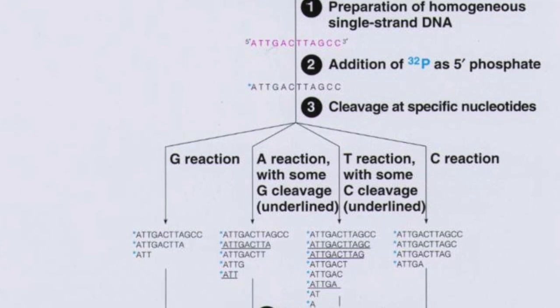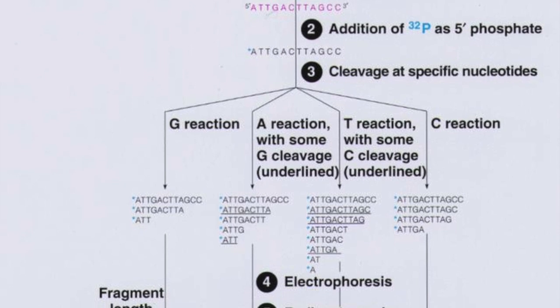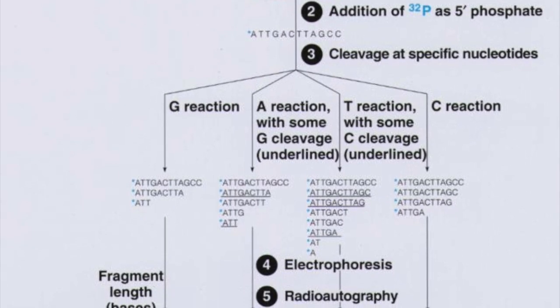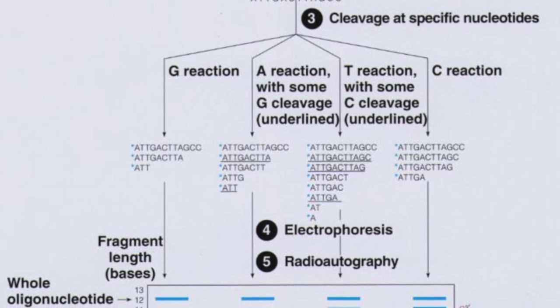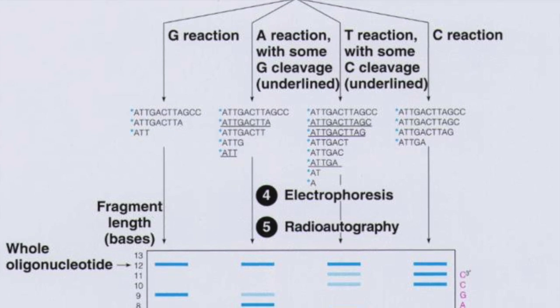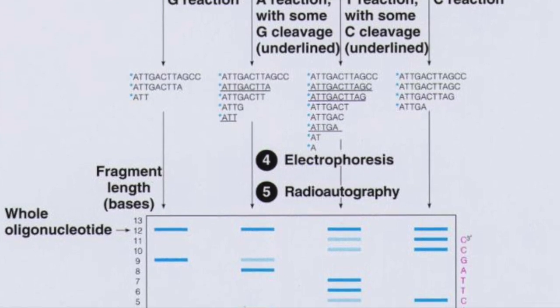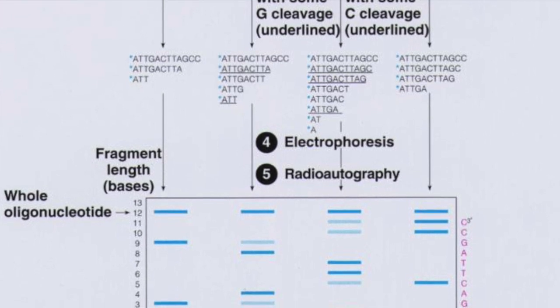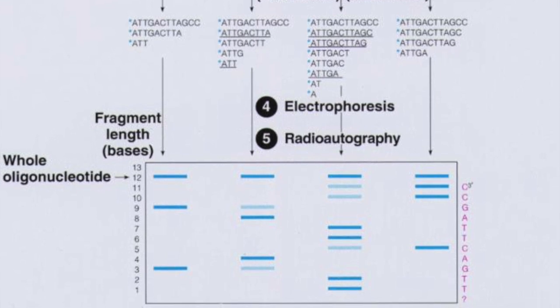Here's where the dimethyl sulfate acts, because it takes the sugar from the base. This is where the methyl attaches to the bases that are marked, and here is where the elimination of the modified base is going to occur. After the modification of the base, the piperidine is going to act, and it's going to fragment the DNA chain.